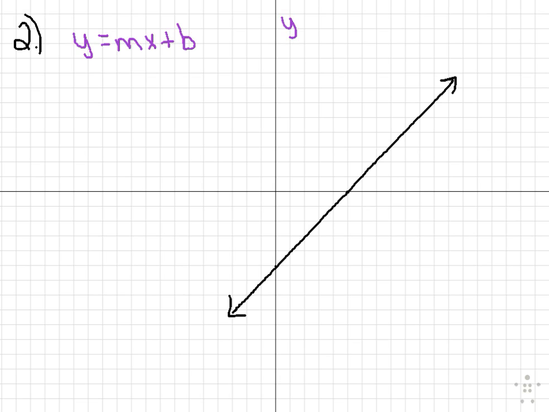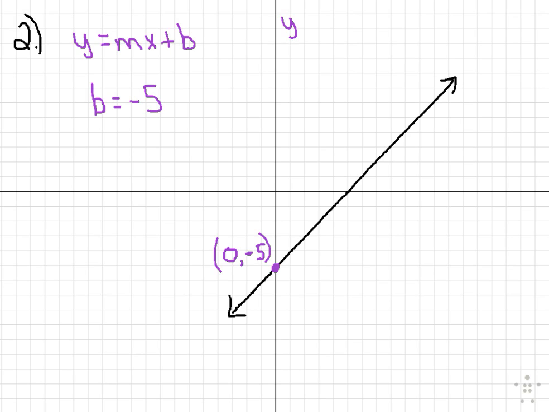Alright, so if I look closely at this, I notice down here, right there, is a point, and that's on the line, and that happens to be 0, negative 5, and that's also the y-intercept. So I know just immediately by looking at the graph that my b is equal to negative 5.